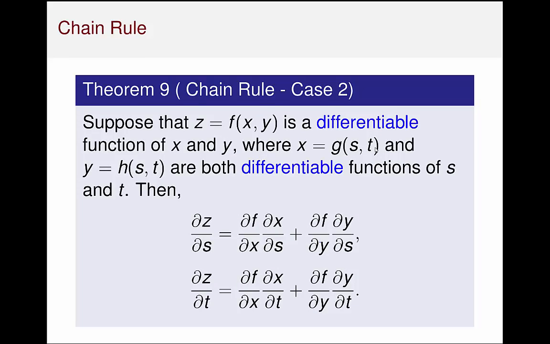Another version of the chain rule is concerned with two-variable functions f of x, y, where both x and y are again two-variable functions.